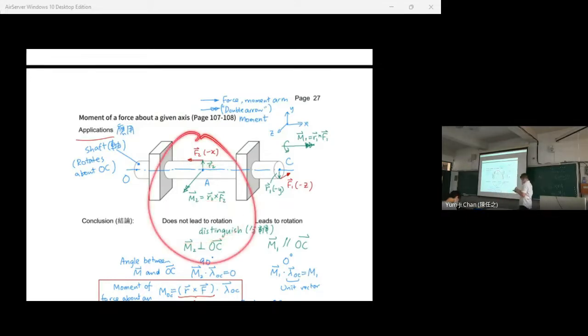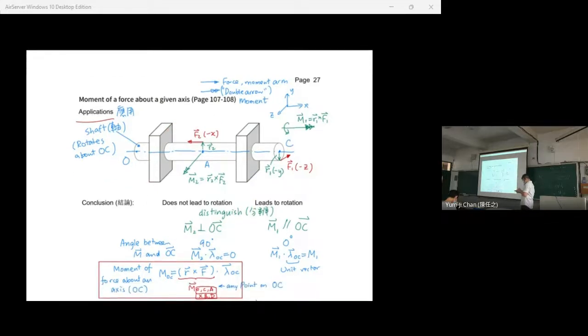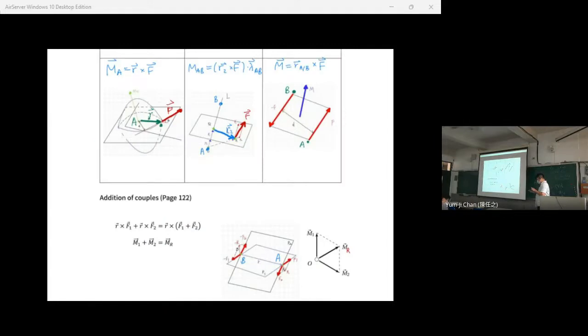So we need to talk about how much it will lead to rotation. So we have this moment of a force about a line.